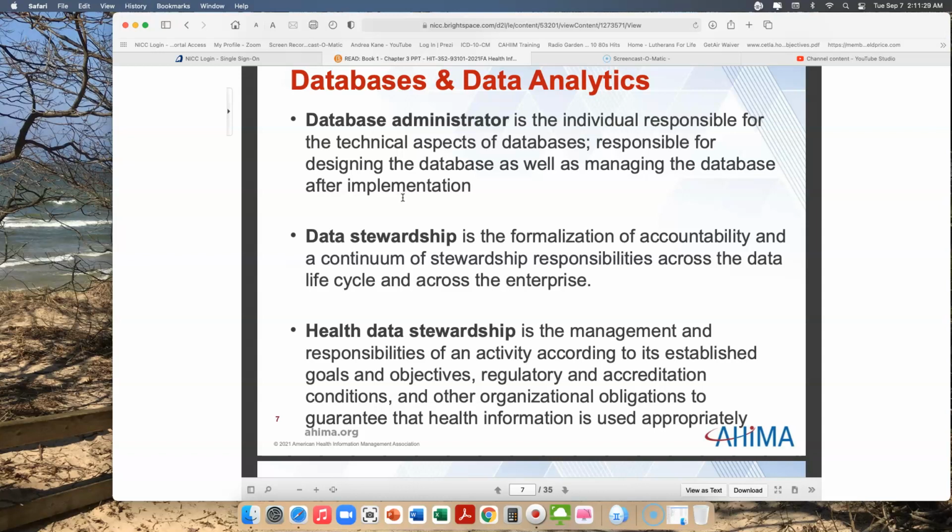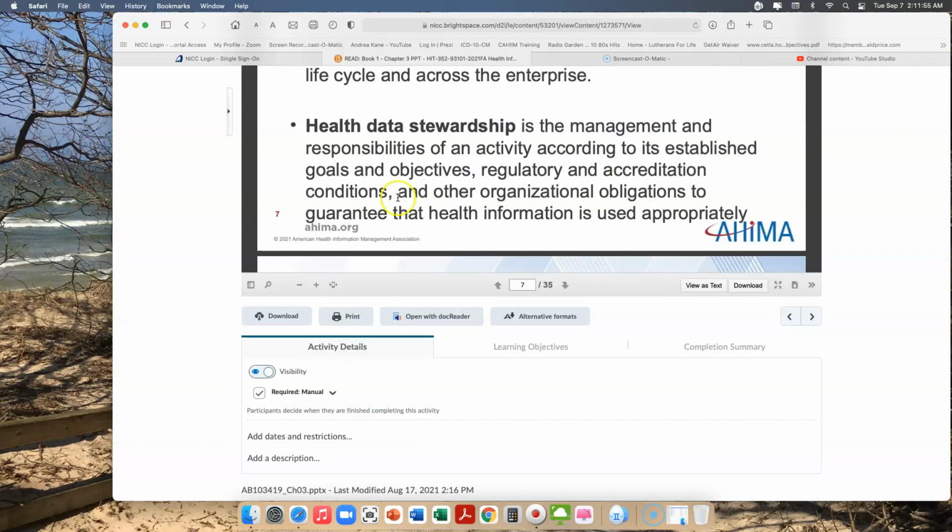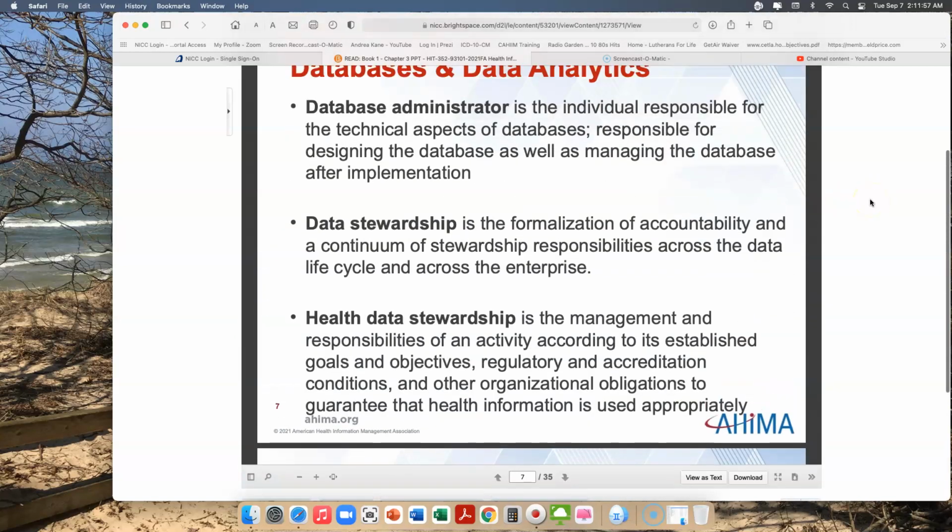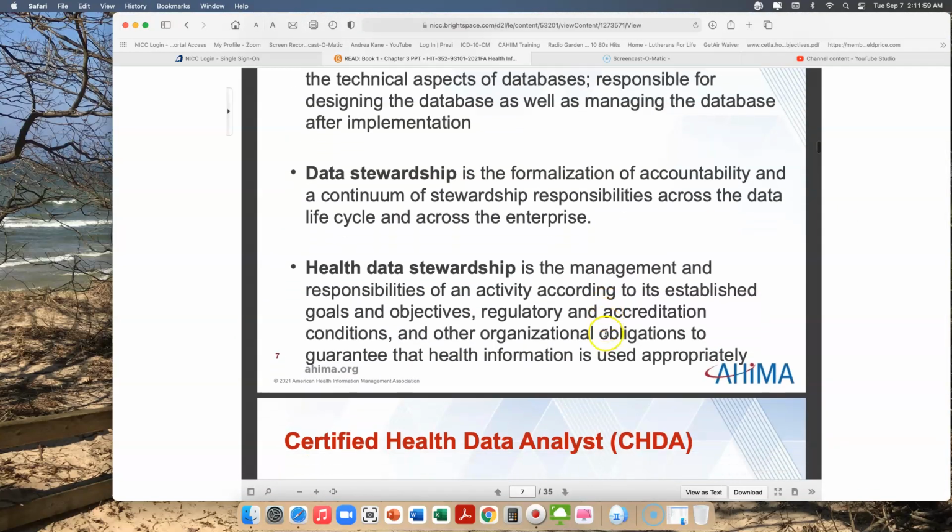So someone who's a data steward is responsible for making sure that the data's life cycle and how it's used are handled wisely and carefully. Health data stewardship is the management and responsibilities of an activity according to its established goals and objectives, regulatory and accreditation conditions, and other organizational obligations to guarantee that health information is used appropriately.